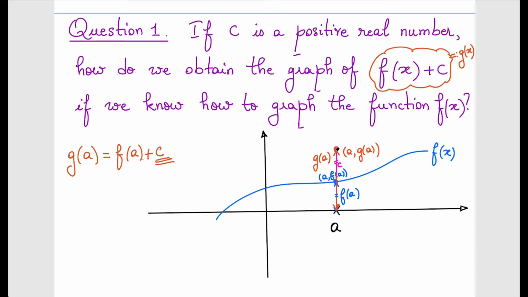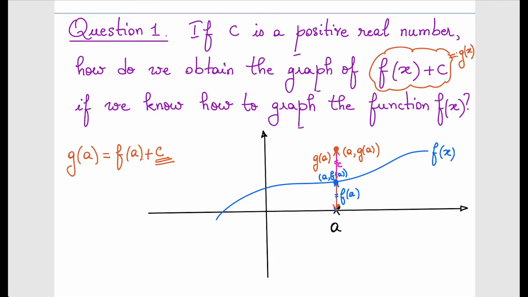And that's its location. Now, what's the relationship between this point and this point? It's just a shift upward by c units, right? To get to the point a comma g of a, we shifted the point a comma f of a by c units upward. Make sense?